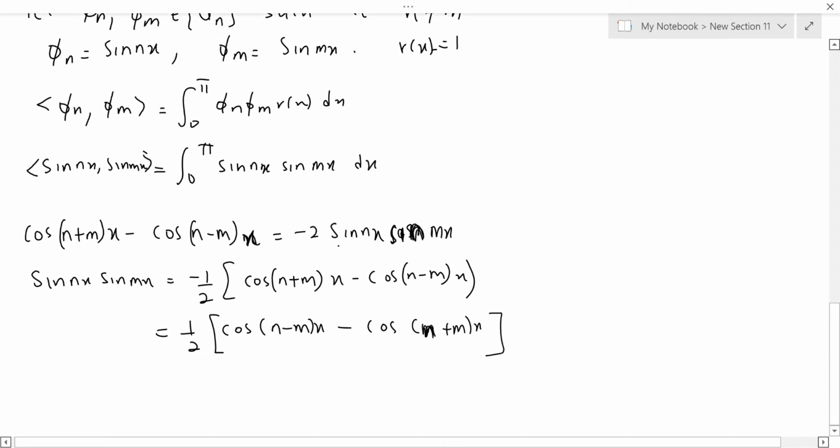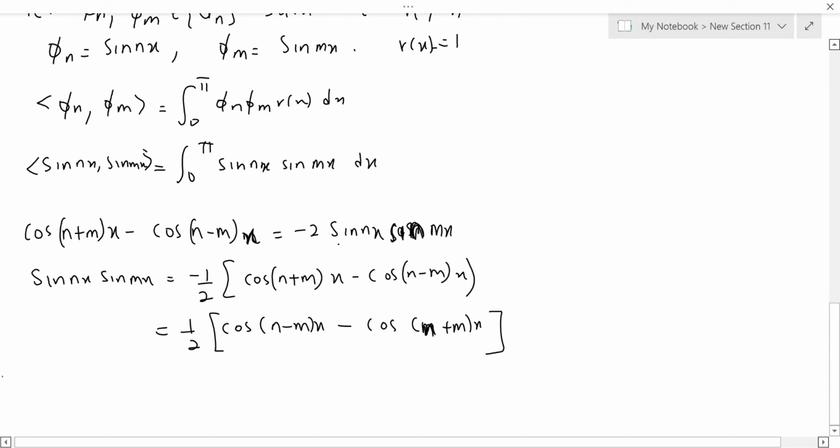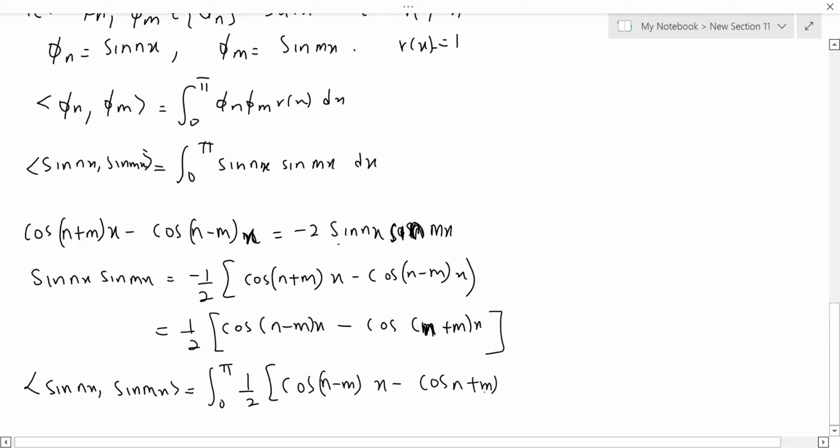So let's continue with our integration. We have sine nx sine mx, and if you insert it from 0 to pi, you get 1 over 2 times cos(n minus m)x minus cos(n plus m)x, all dx.